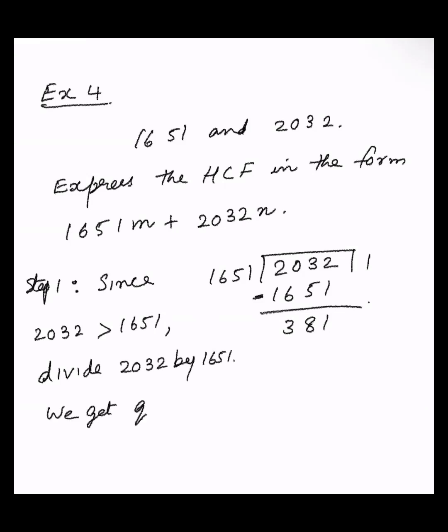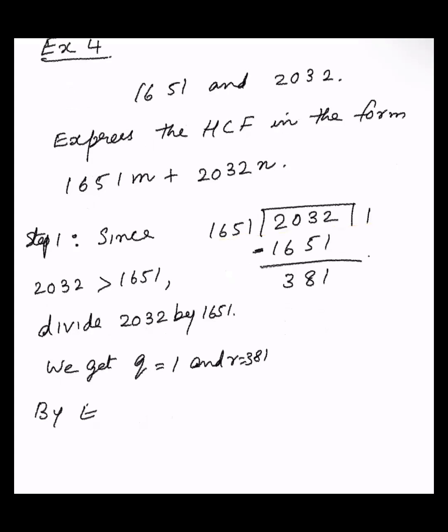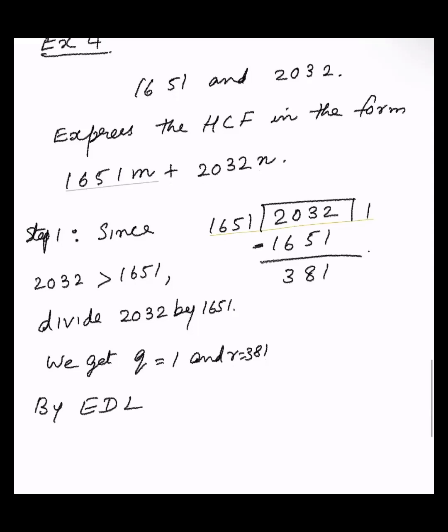We get Q equal to 1 and R equal to 381. Then by Euclid's division lemma, you write 2032 is equal to 1651 into 1 plus 381.